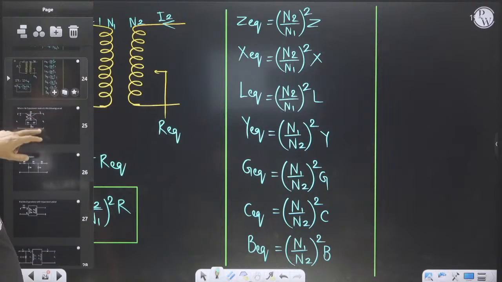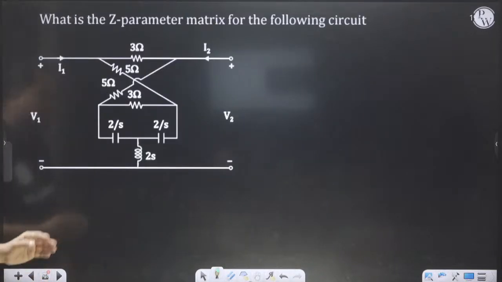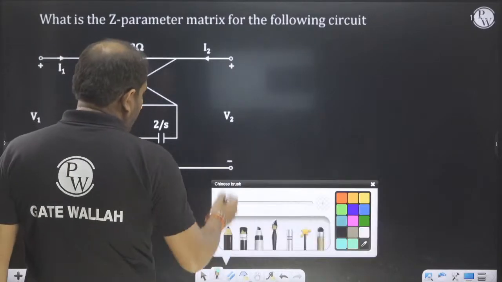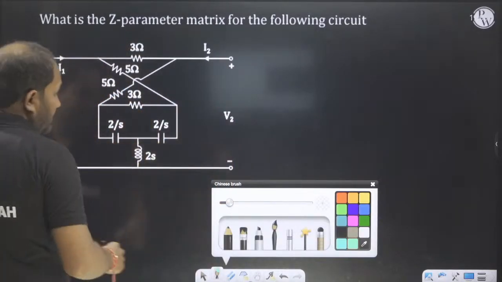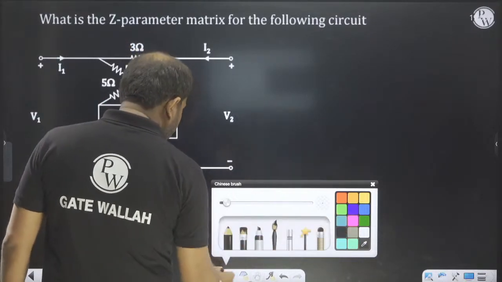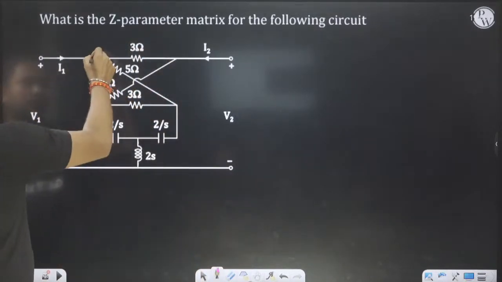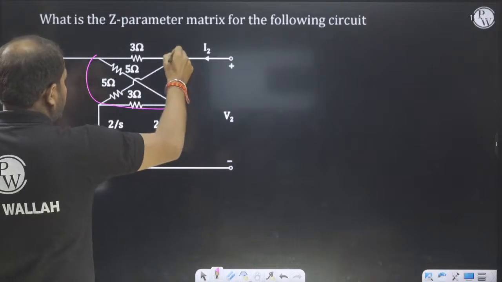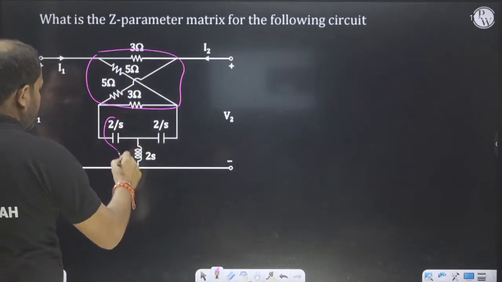So we have one condition, the series-parallel condition, and we will solve some questions regarding it. This is our series condition, because both have the same current. This one is our first network, and this one is our second network.